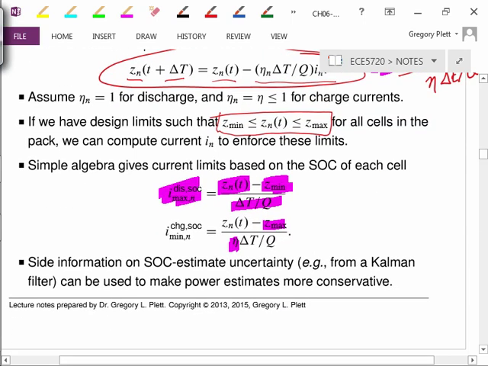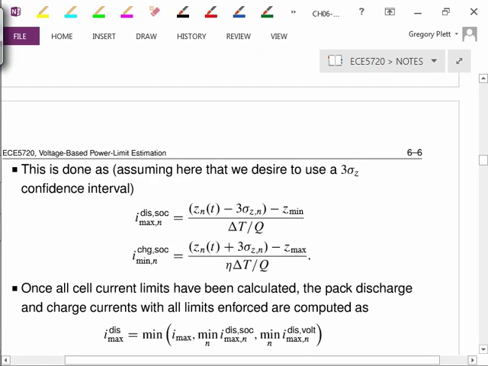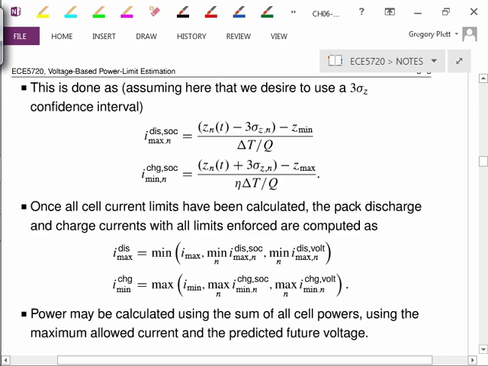We don't know Z of t perfectly, the state of charge of the cell. So we can use any kind of side information from our SOC estimation algorithm, such as the error bounds on that SOC, to help make power limits more conservative or more robust or safer. When I'm charging, here's SOC versus time and then some bounds on it.